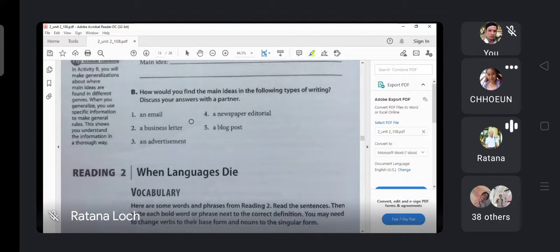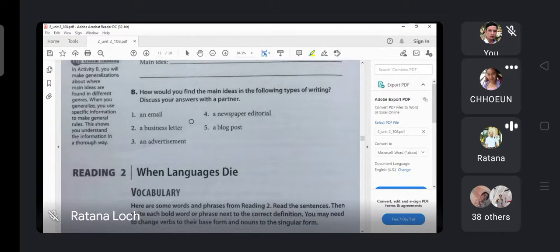So in email you have the opening, right? In the opening you have greetings. You have the main contents, the main idea, the main content of the email, and the last one is the closing, right? Like sincerely, sincerely yours, and put your name.